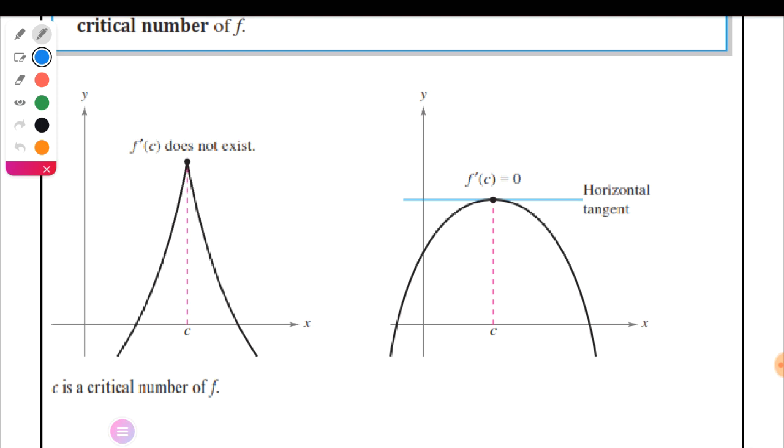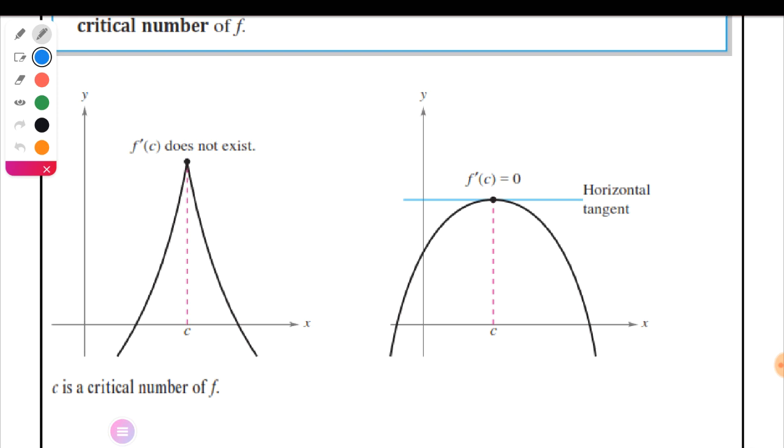That is from the definition. Or by another way, to find the critical number, find the derivative first, then find the values of x at which the derivative equals 0 or does not exist.